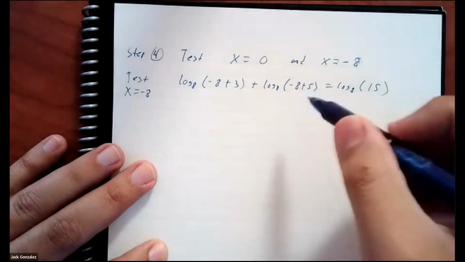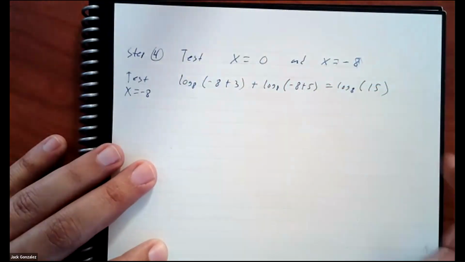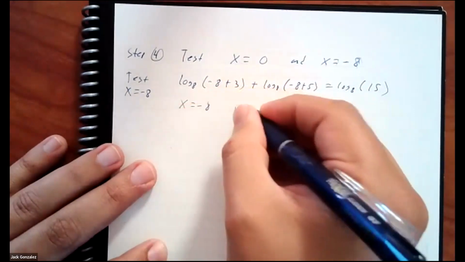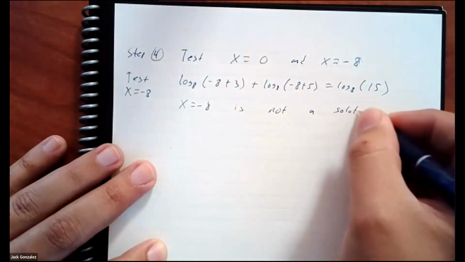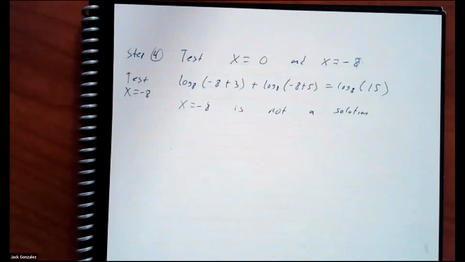So right away, you should see that this is a negative, right? Doesn't work. So as soon as you see 0 or a negative in the log, then you stop. It's not going to be a solution.